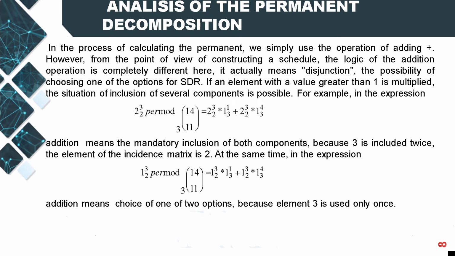For example, in this expression, we have index of element 3 equal 2, and we use addition as mandatory inclusion of both components. And in another expression, when index equals 1, adding means choice of one of two options, because element 3 must be included in the system of difference representatives only once.